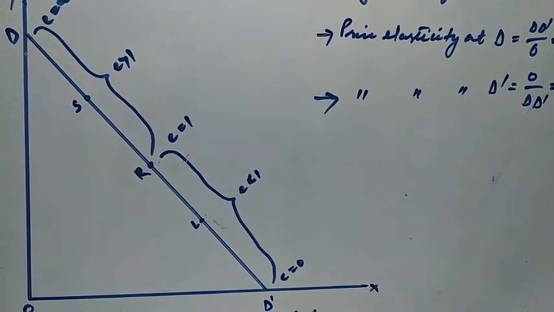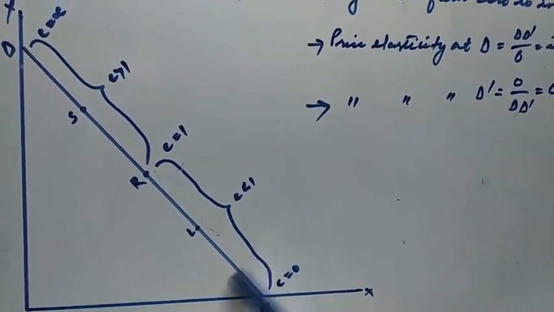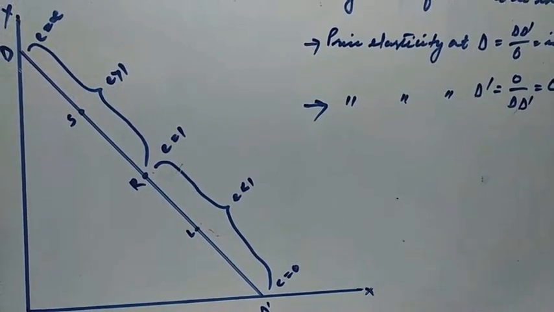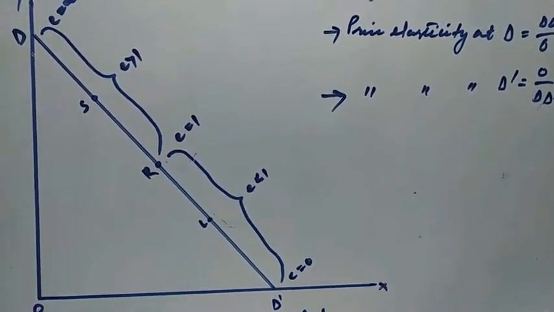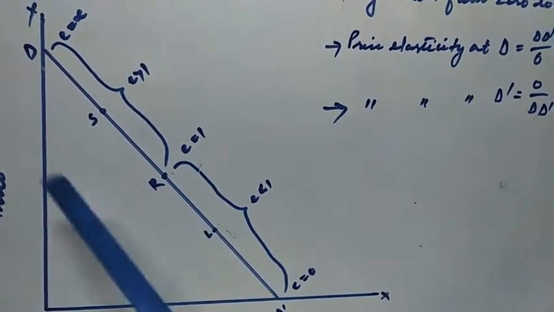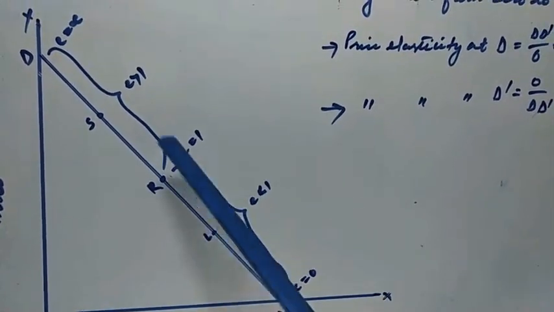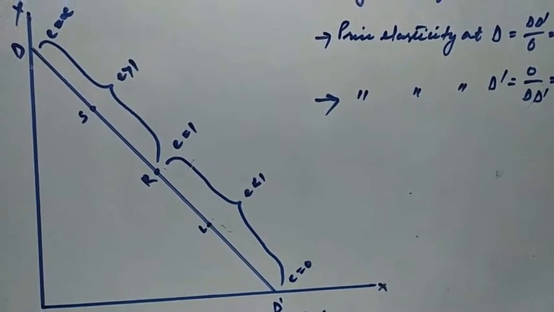This is because the lower segment will become smaller and smaller when we move down towards D dash, and the upper segment will become greater and greater as we move downwards towards point D dash.